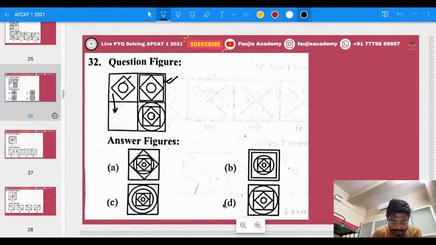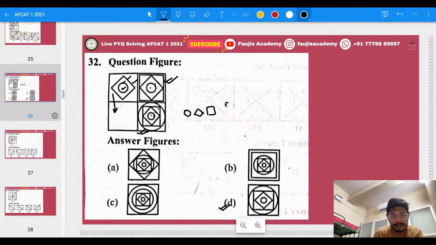The answer key says D, but my logic is that over here circle and diamond, over here circle, diamond, and square, over here circle, diamond, square, circle. So D is not the correct one. This last image and this image are the same, directly from the key.